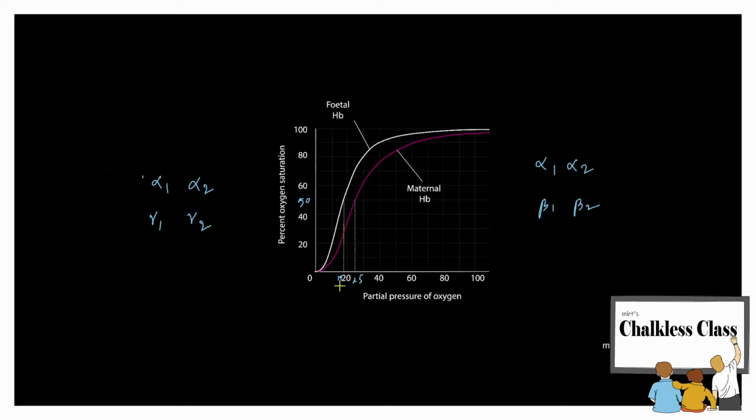So, the P50 value is very less for the fetal hemoglobin, and the P50 value is more for the maternal hemoglobin. In maternal hemoglobin, P50 is 25 millimeter mercury. For fetal hemoglobin, P50 is 18.5 or 19. So, when the P50 value is less, it means the affinity is more.